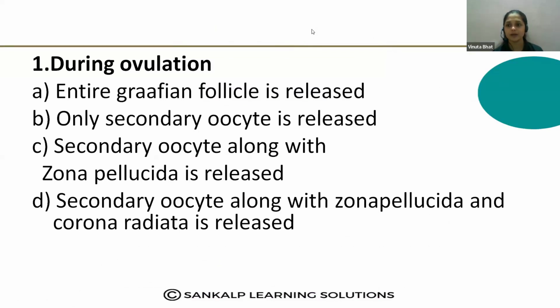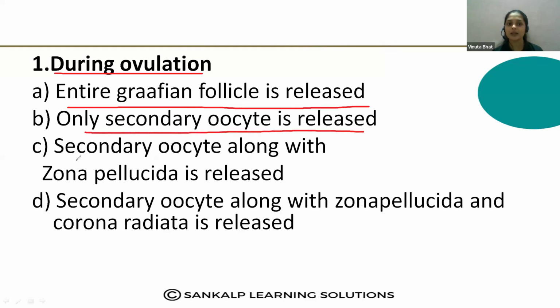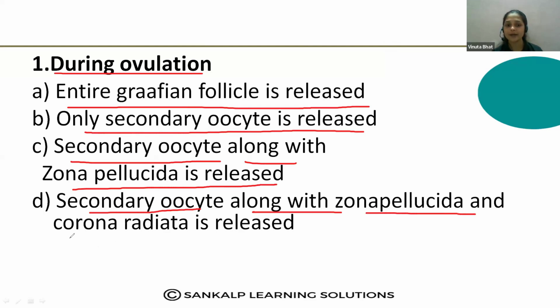Next question, first question: during the ovulation, see the answers. Entire Graafian follicle is released, only secondary oocyte is released, secondary oocyte along with zona pellucida is released, secondary oocyte along with the zona pellucida and corona radiata is released.